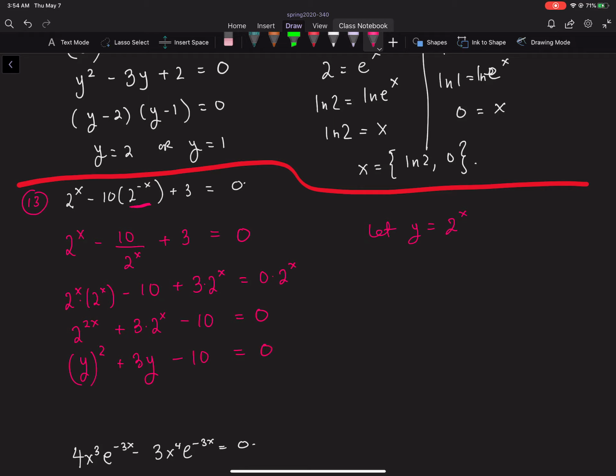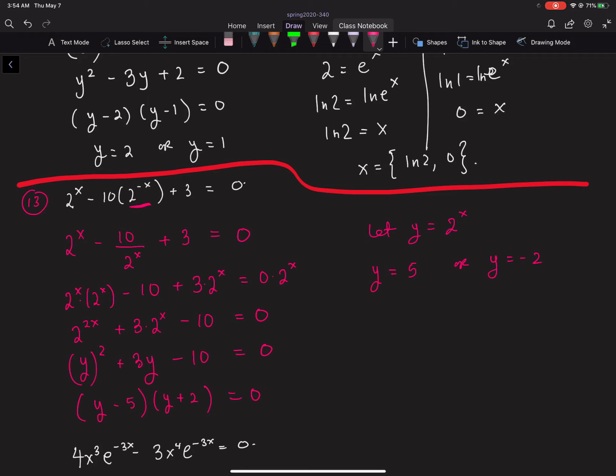Again, this factors nicely as y minus 5, y plus 2 is equal to 0. So here we know that y is equal to 5 or y is equal to negative 2.